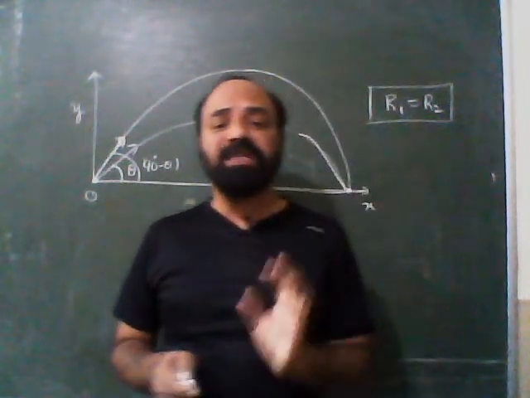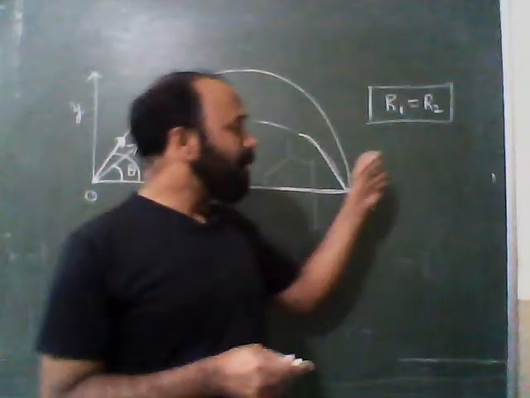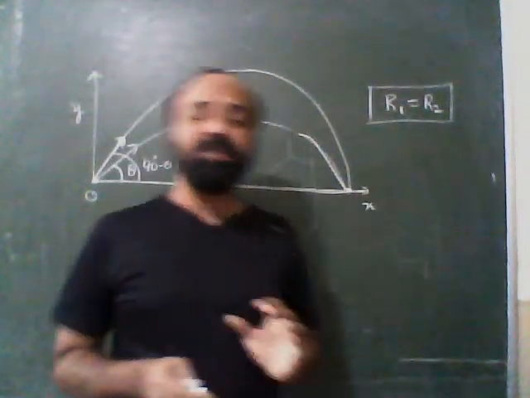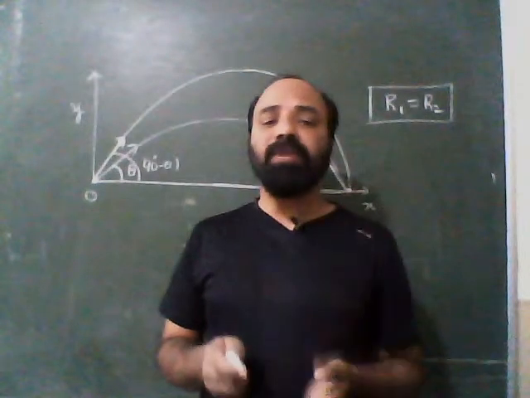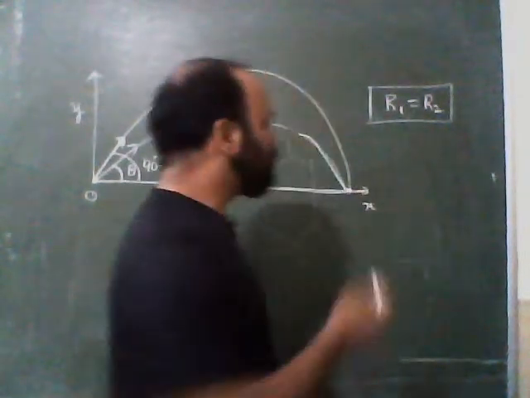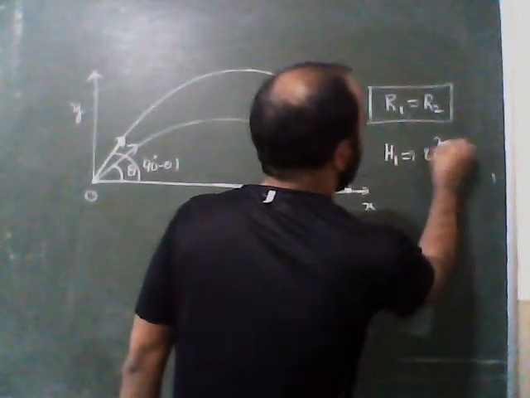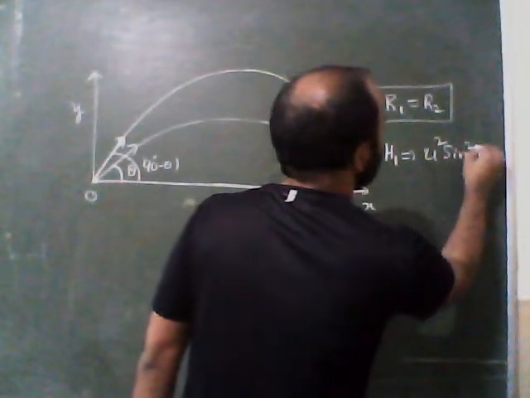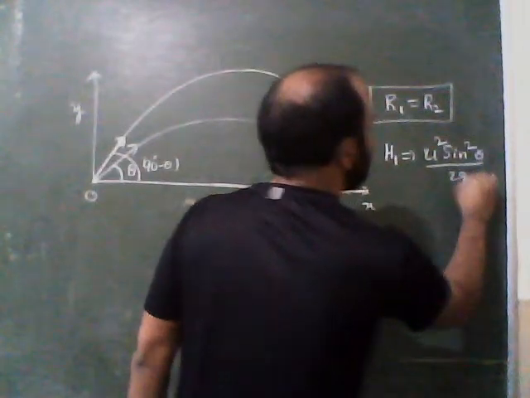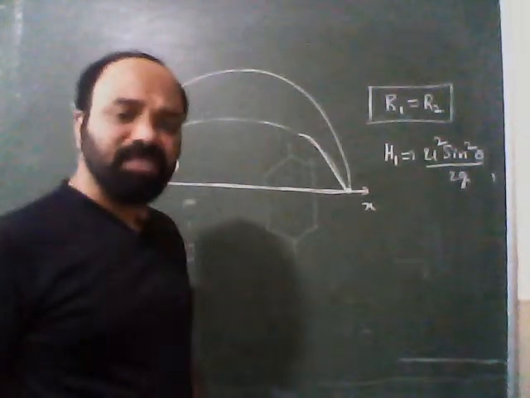Now, if they ask about the maximum height relations, the maximum height formula we learned is H equals vertical component squared by 2g. So for the first body, H1 is equal to u square sine square theta by 2g. This is the height gained by the first body.